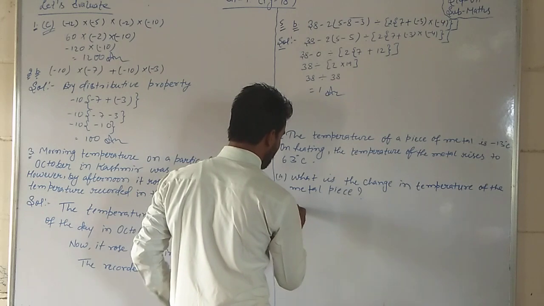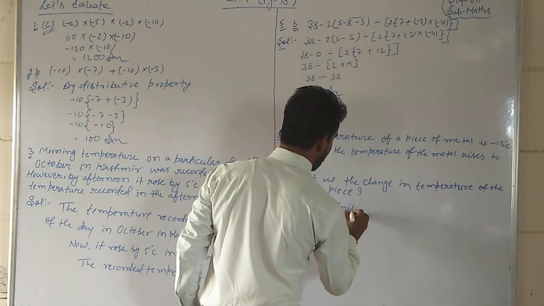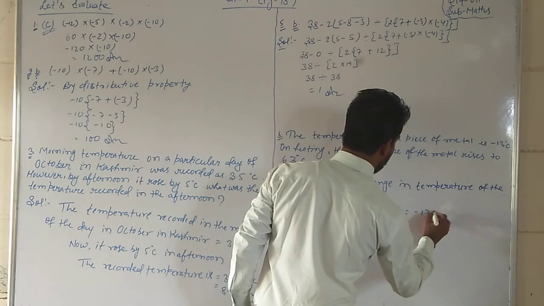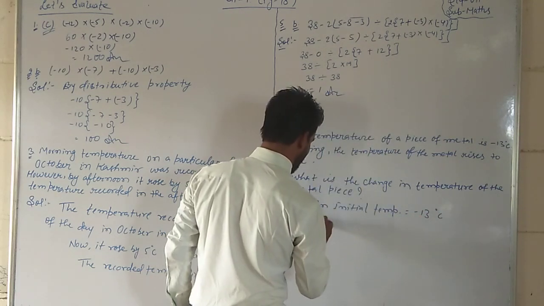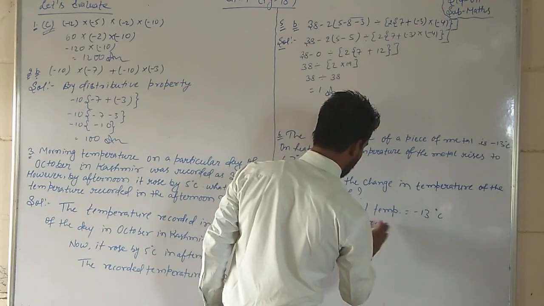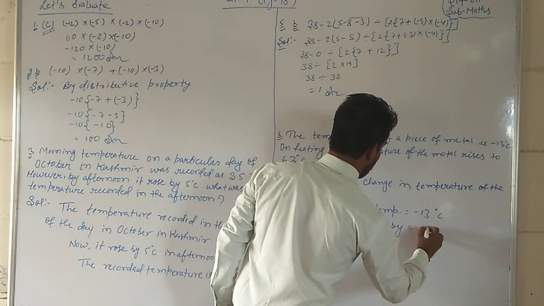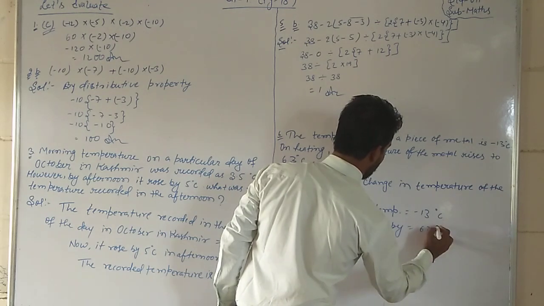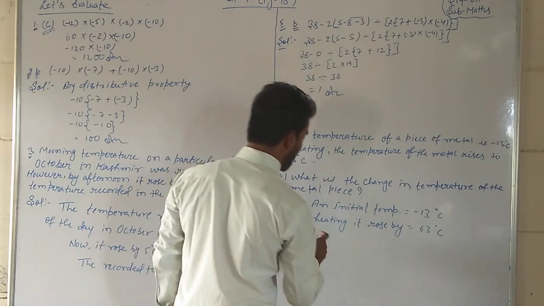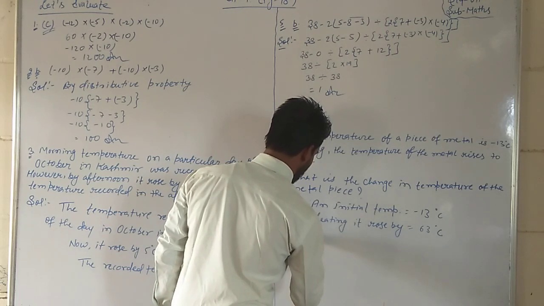So solution: the initial temperature was minus 13 degrees centigrade. On heating, it rose to 63 degrees centigrade. So what is the total change in temperature?